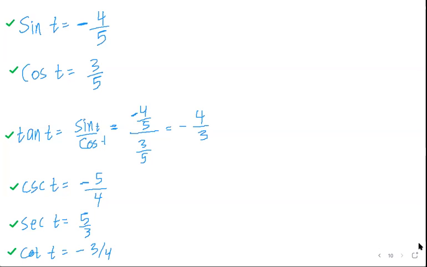Okay, if there is no question, let's go to the new section, 5.3.